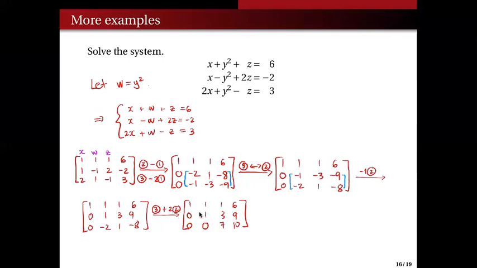Now, this is the leading one. The entry below it is 0. So we'll just go down and then repeat the process. So we'll just work on the third row. The leading entry, it's 7. So we can divide by 7. So 1 over 7 of row 3. Now we are forced to work with fractions.